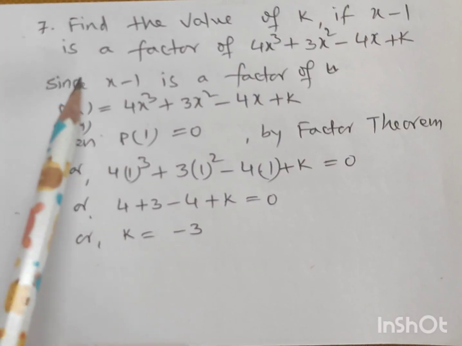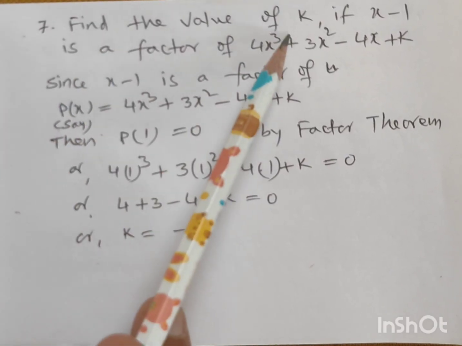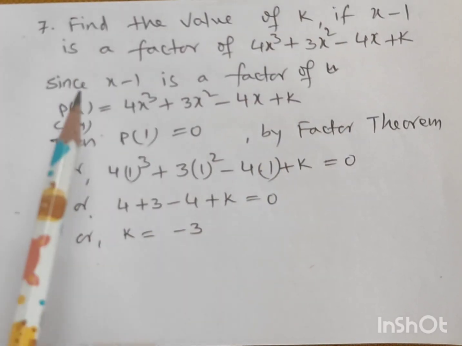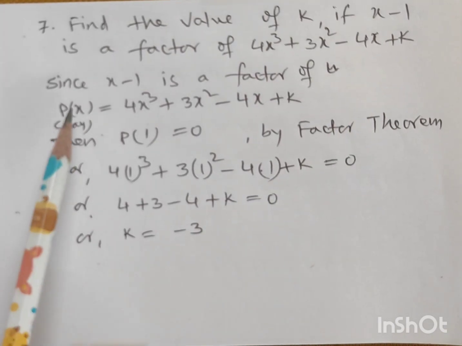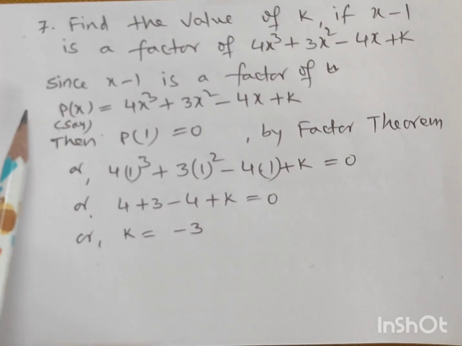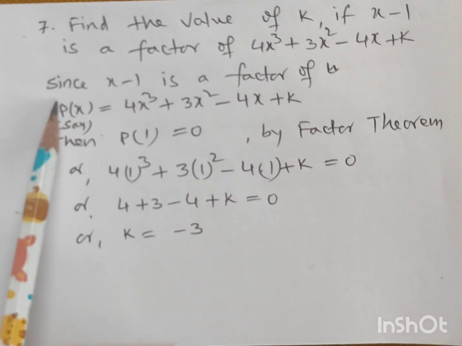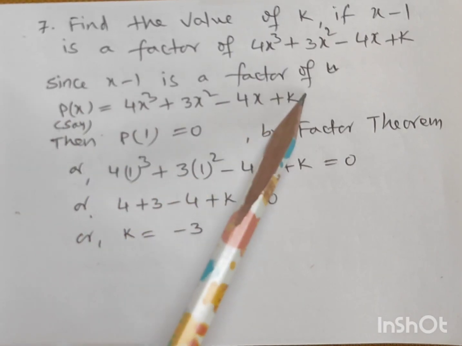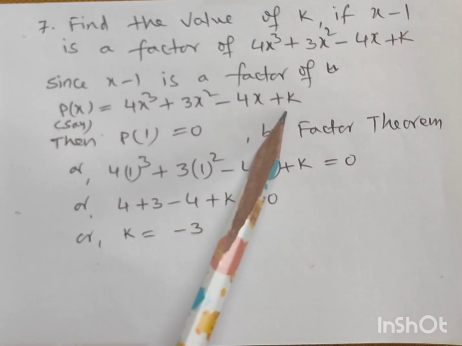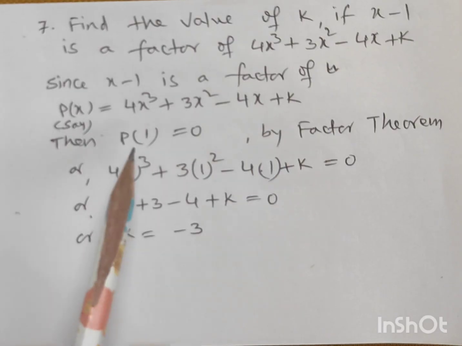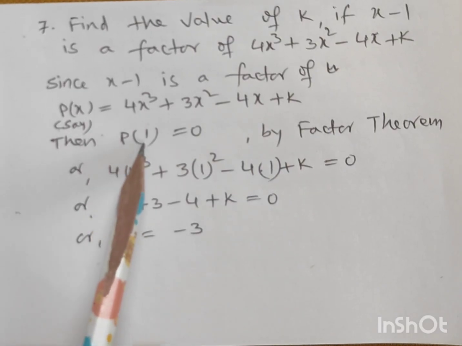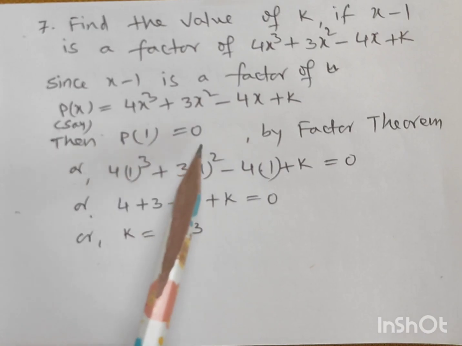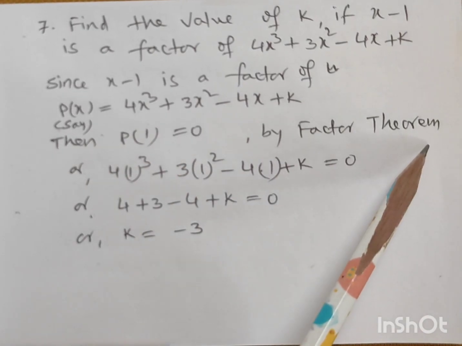Another question here: find the value of k if x minus 1 is a factor of this polynomial. Since x minus 1 is a factor of this polynomial, the value of the polynomial at 1, p(1), should be equal to 0 by the factor theorem.